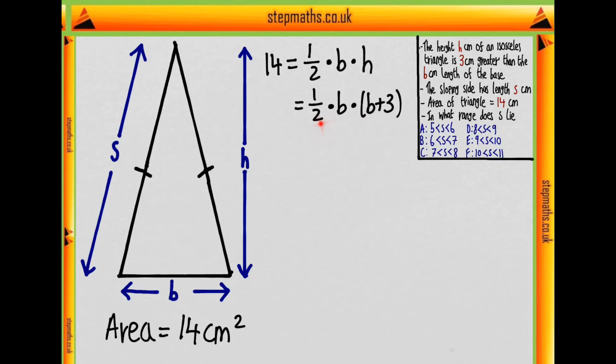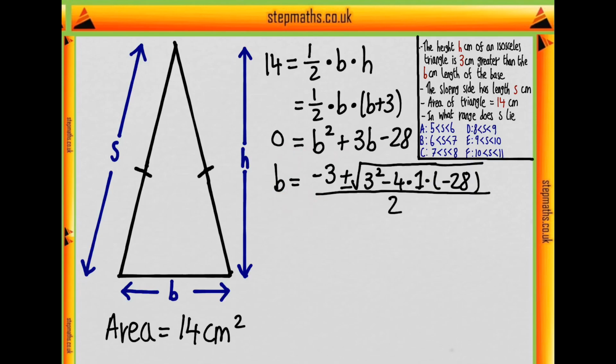And now, if we times through by 2, so we get 28 on this side, expand this bracket out, and then minus the constant from this side, we get this. We can rearrange this to get to a standard quadratic. And this is great because we know how to deal with these. So using the quadratic formula, we get b equals minus 3 plus minus the square root of 3 squared minus 4 times 1 times minus 28, all over 2.